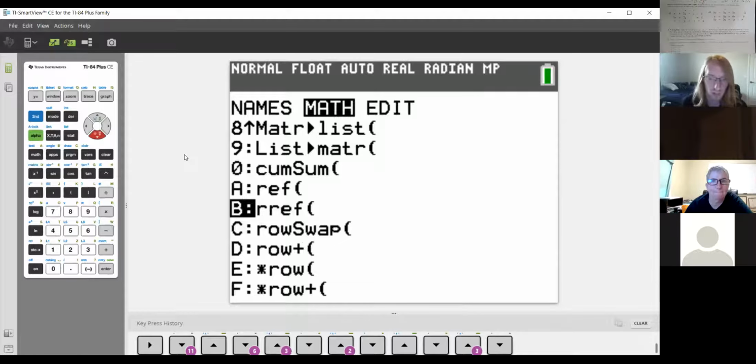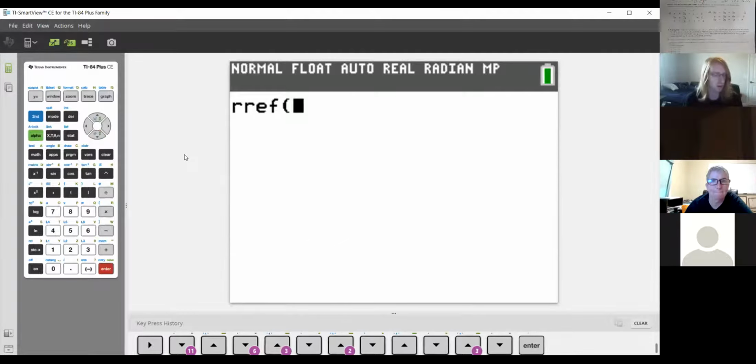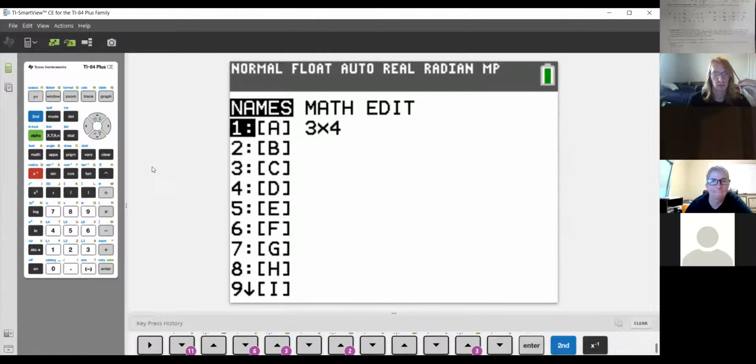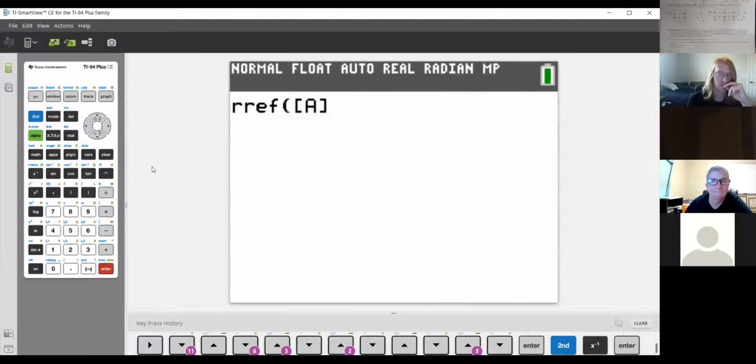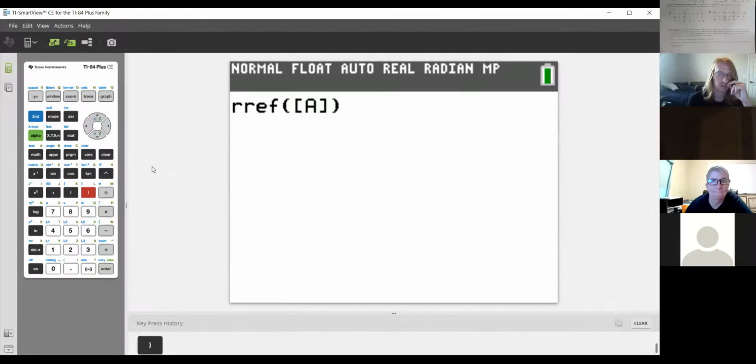I'm probably going to go with the reduced one. It is prettier to pull answers out of, right? So reduced row echelon form, second matrix. Oh man, I've seen that for so many years and I'm still amazed they couldn't find a better abbreviation for that one. Sorry. Okay, so reduced row echelon form on matrix A.